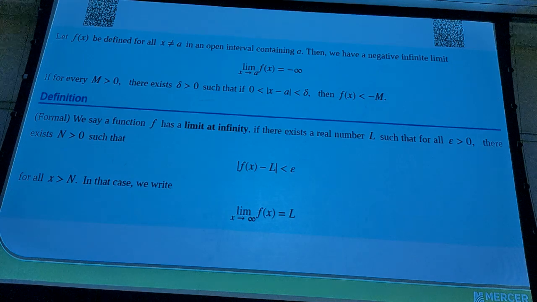We say the limit is L if for all epsilon greater than 0, there exists a capital N greater than 0, such that the absolute value of f of x minus L is less than epsilon for all x greater than N. And a similar definition at negative infinity.